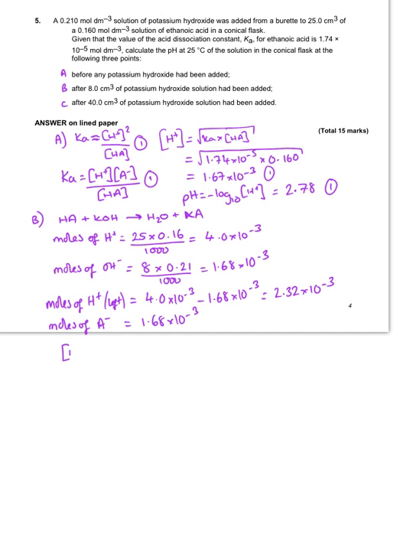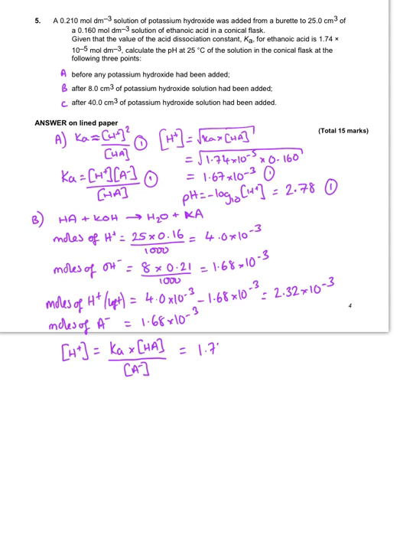Now we're going to use the expression of Ka to be able to work out the hydrogen ion concentration. So it's going to be Ka times the original acid's concentration divided by A minus. Save a little bit of time here because the volumes are going to cancel out.